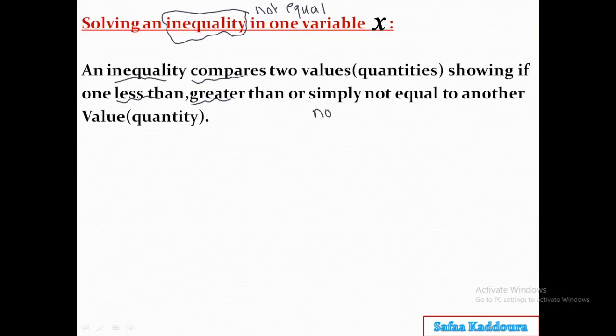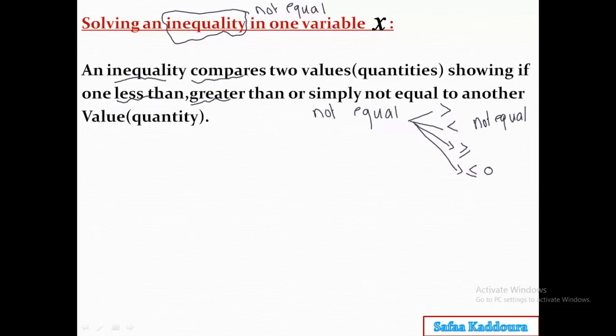Not equal means we have one of the following signs. We may have greater than, less than, greater than or equal, less than or equal. These signs mean not equal.